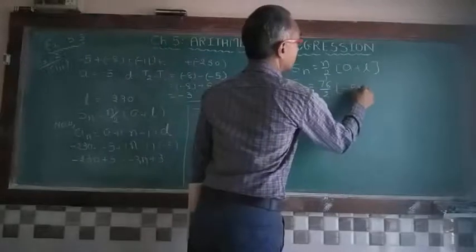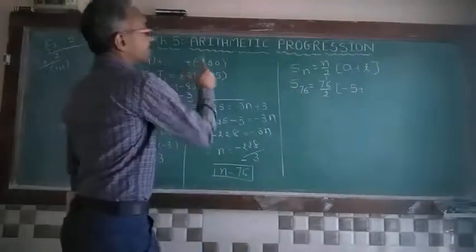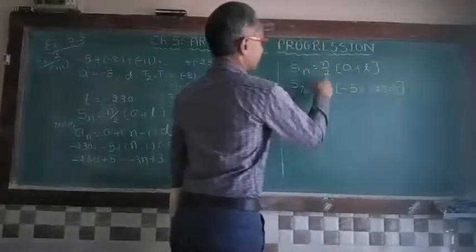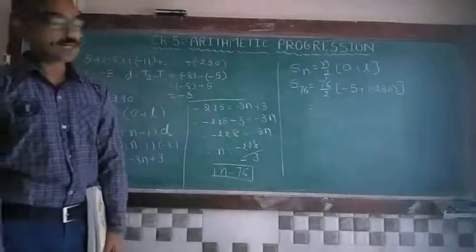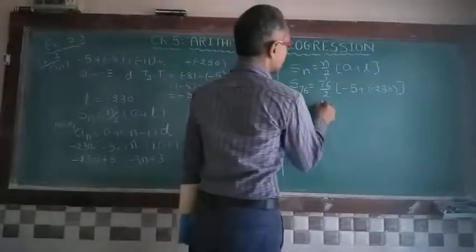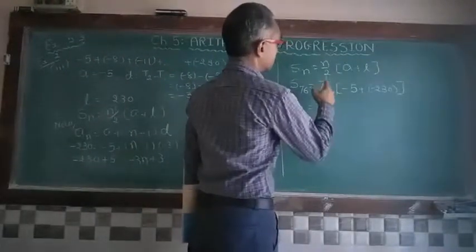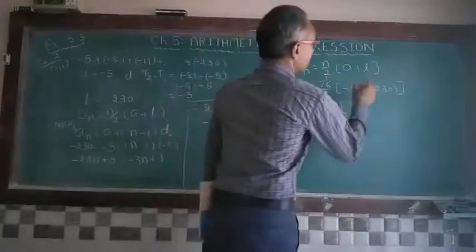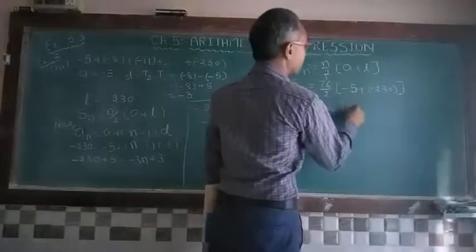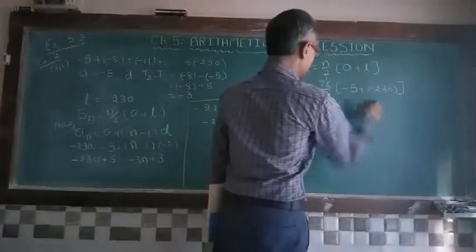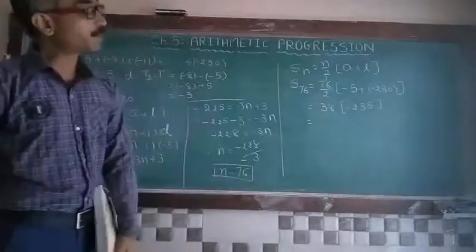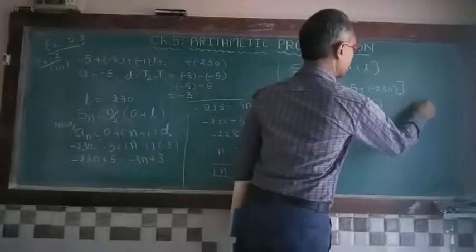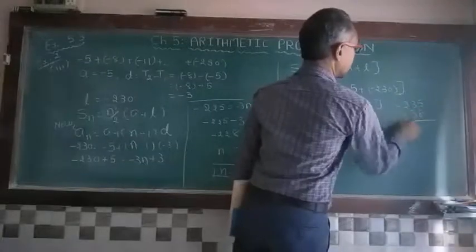So write down -5 plus the last term -230, that is 76 divided by 2, that is 38. -230 and -5, that means -235. So you have to multiply -235 into 38.